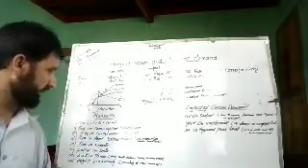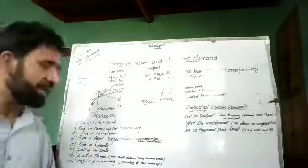Now the reasons: what are the reasons behind the problem of excess demand? AD, aggregate demand, is equal to consumption plus investment plus government expenditure plus X minus M. Number one is rise in consumption expenditure.